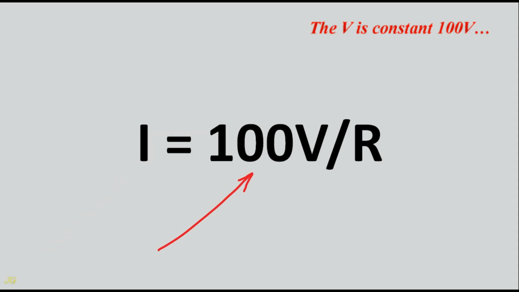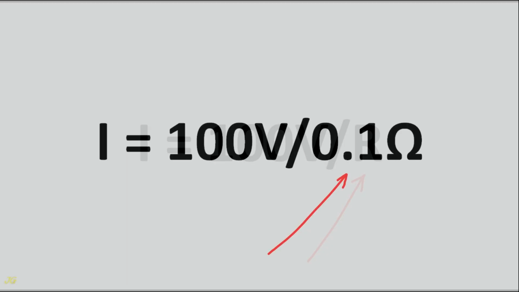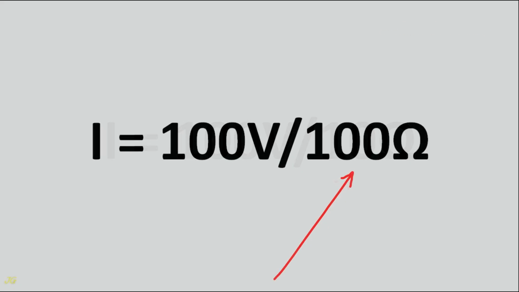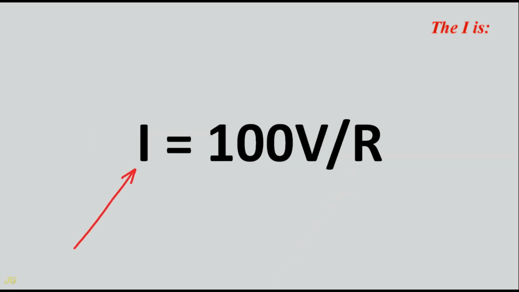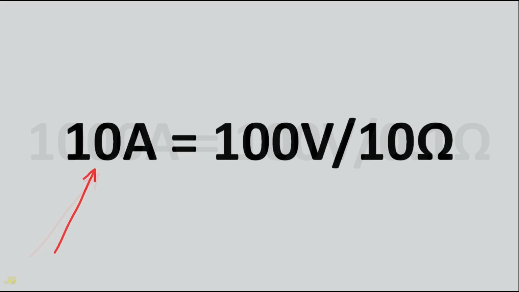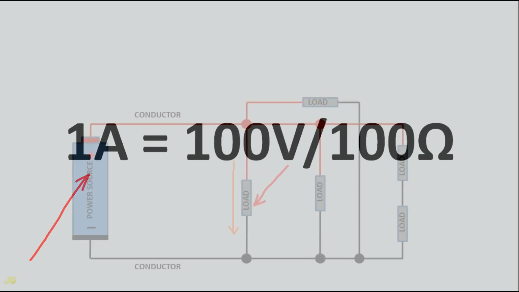The voltage is constant 100 volts, and resistance increases from 1/10 of an ohm to 10 ohms and to 100 ohms. The current is 1000 amps for 1/10 of an ohm, 10 amps for 10 ohms, 1 ampere for 100 ohms.